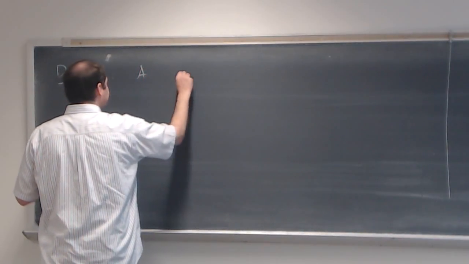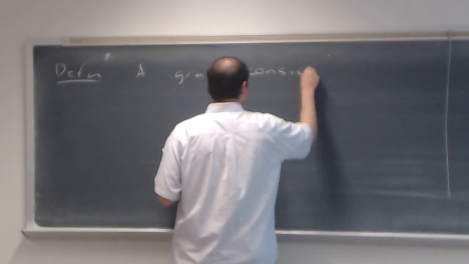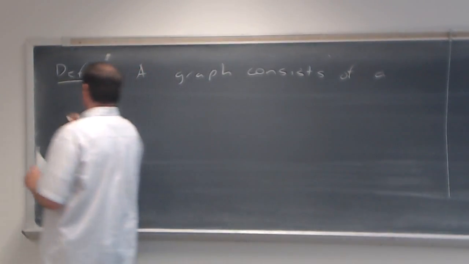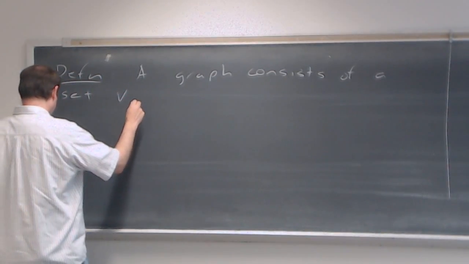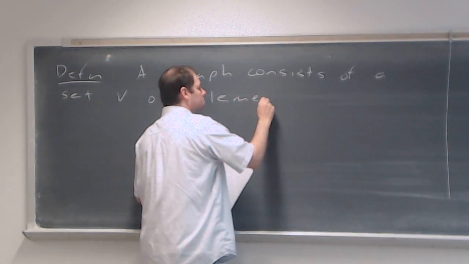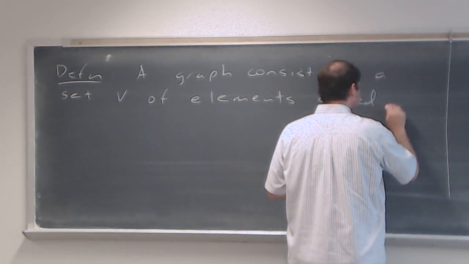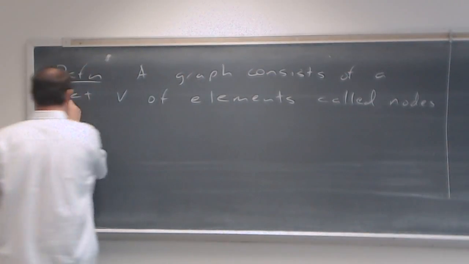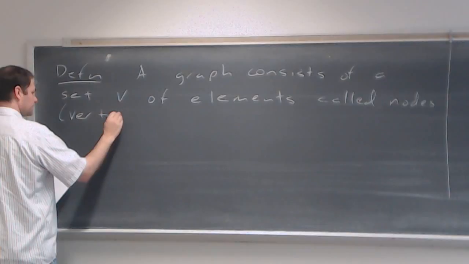So a graph consists of a set V of elements called nodes. They can also be thought of as vertex, or vertices.